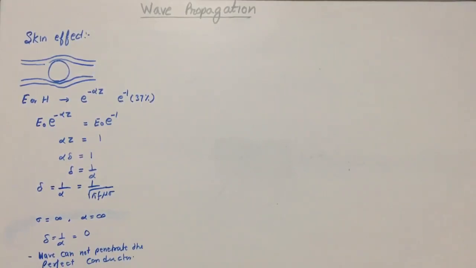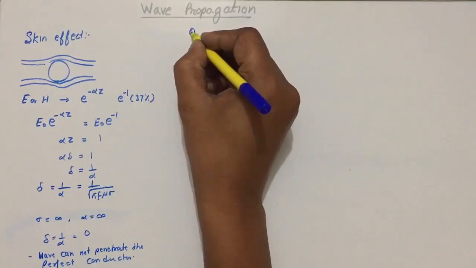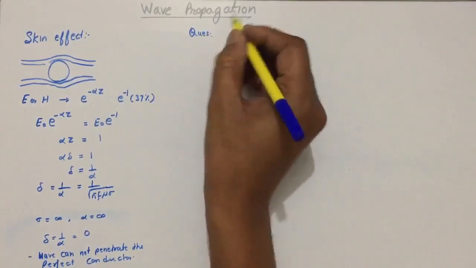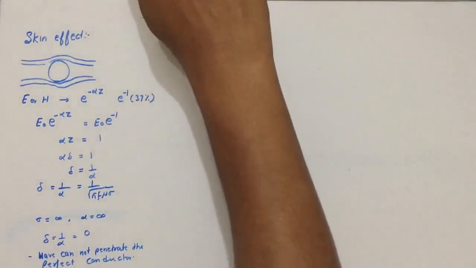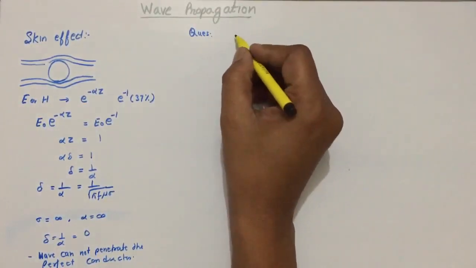Okay, so now we will solve one example. The problem is: a lossy dielectric has an intrinsic impedance.